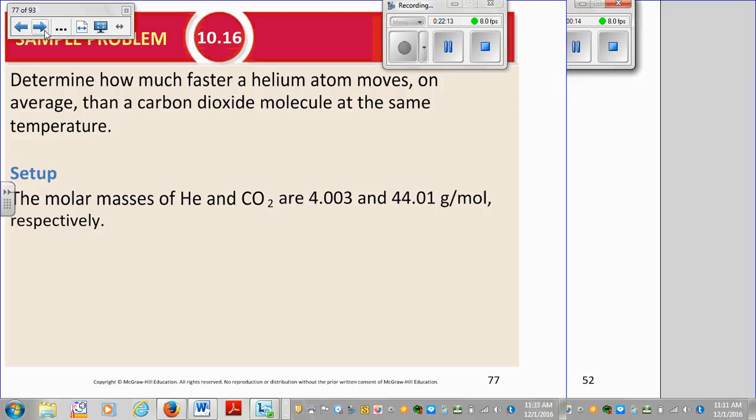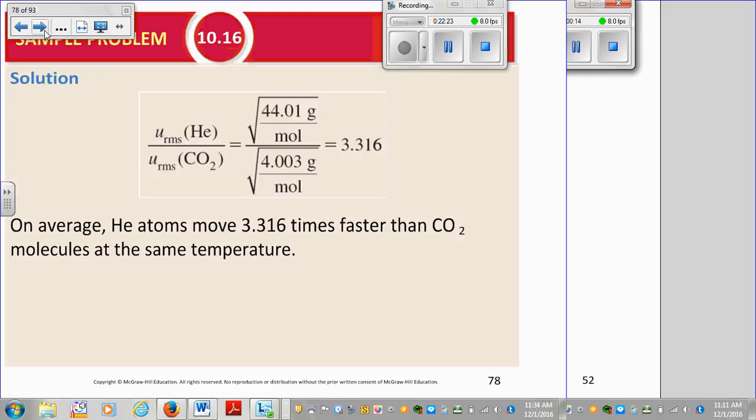Helium molar mass is 4 grams per mole. Carbon dioxide is 44. Use that previous equation. When you do it, you have to flip the molar masses. So you get the square root of 44 over the square root of 4, which is 3.316. So a helium atom moves 3.316 times faster than CO2.